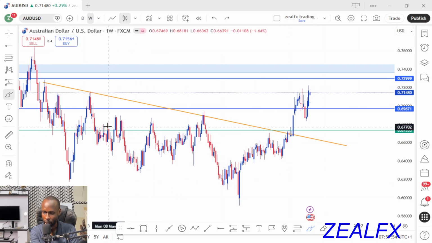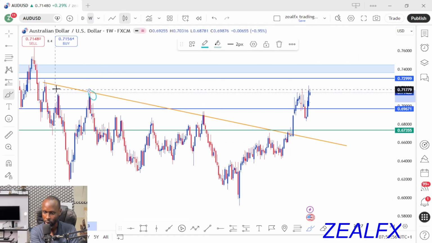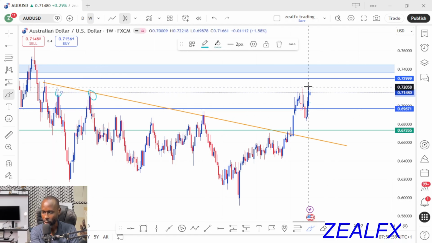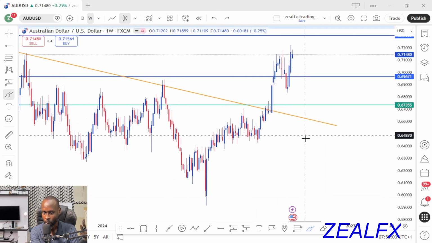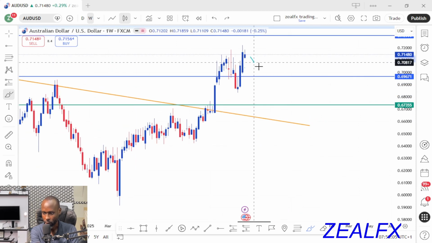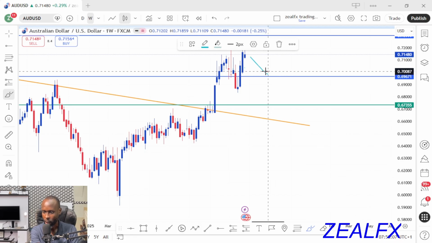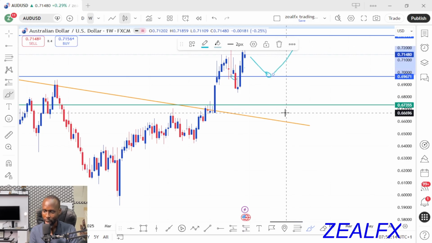You can see that price closed on this resistance, and this resistance level, then this resistance level. So this indicates reversal of price for the Australia USD to this next support level before we can start looking for possible buying opportunity from this support level to the top, because we can't buy from that particular resistance level.